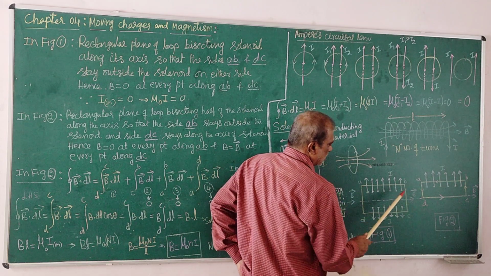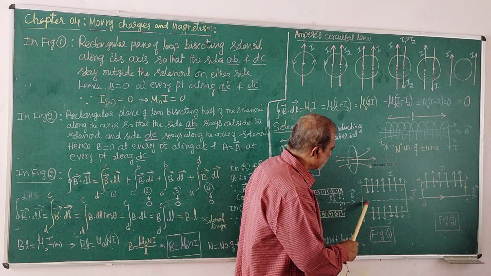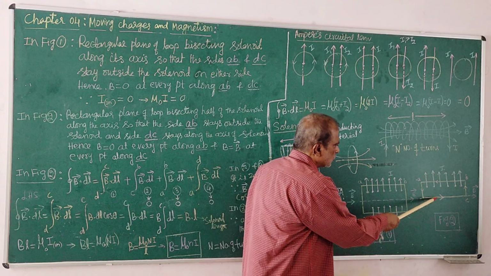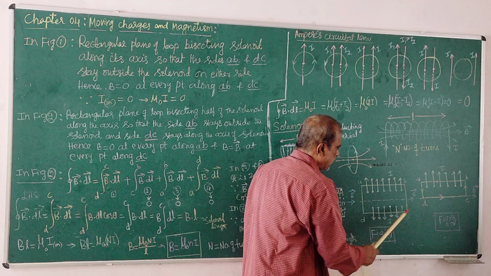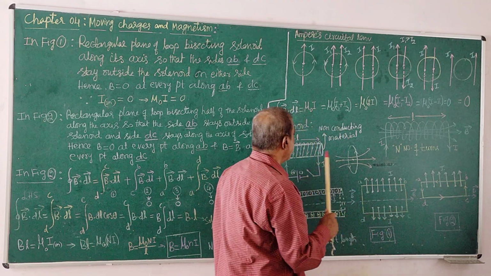So here, this portion is the only plane. This side DC stays along the axis of the solenoid.